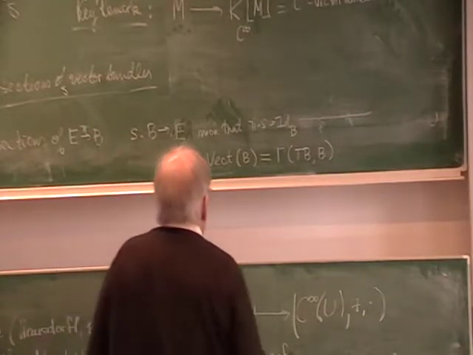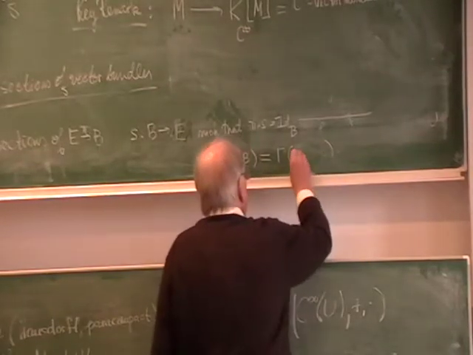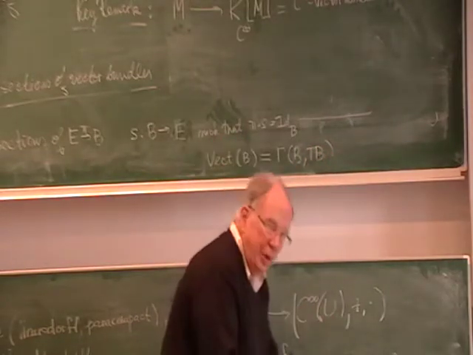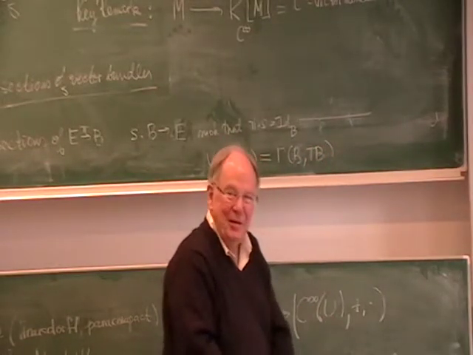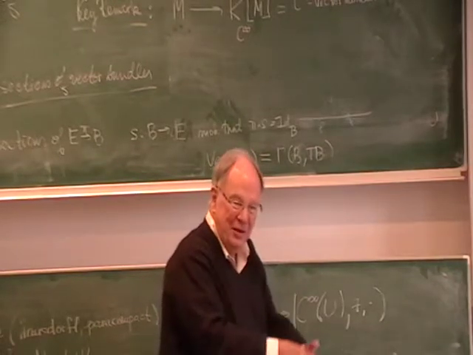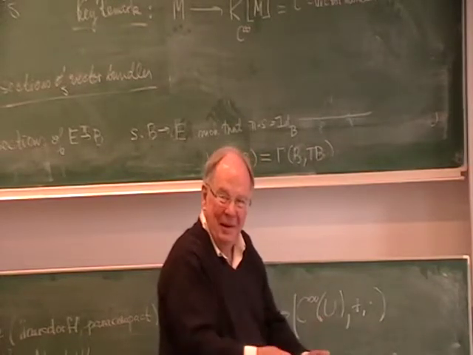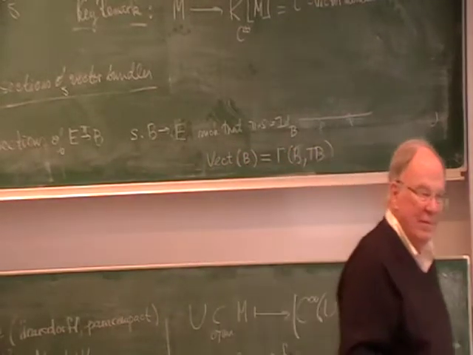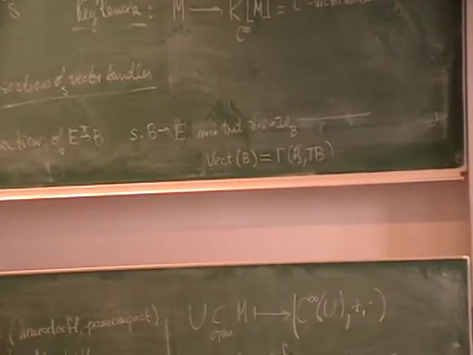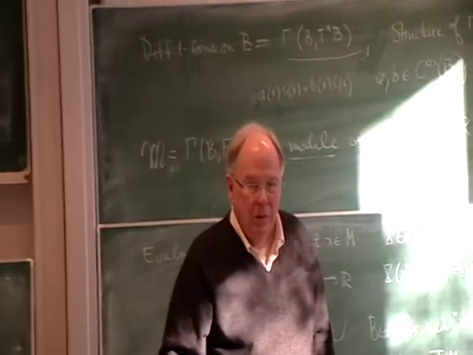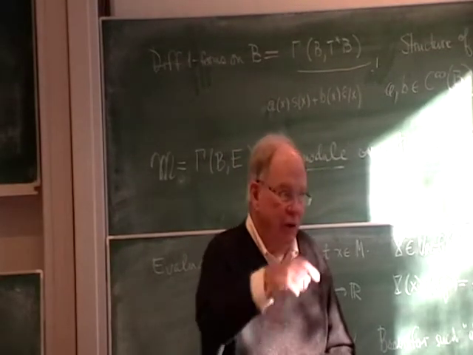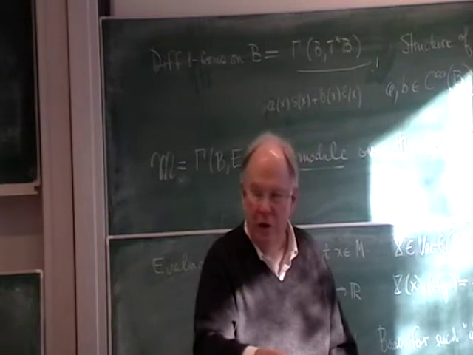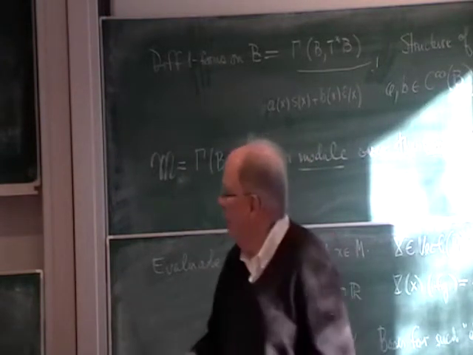The sections over B of the tangent bundle. And then when you write the cotangent spaces, it should be sections over B of the cotangent bundle. So first comes the base, and then comes the bundle you're talking about.